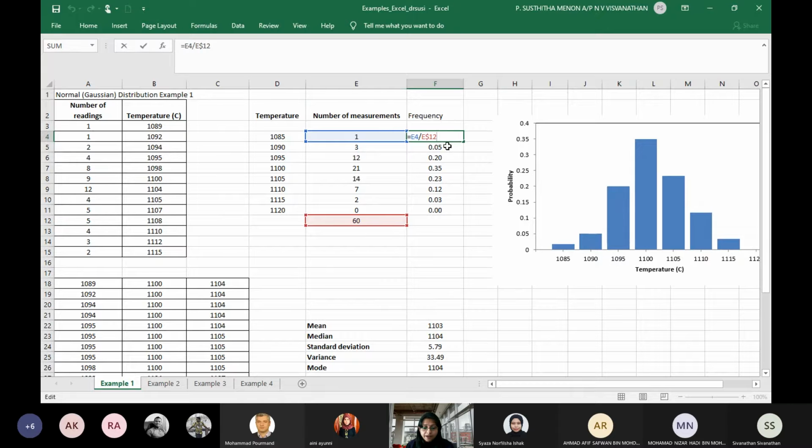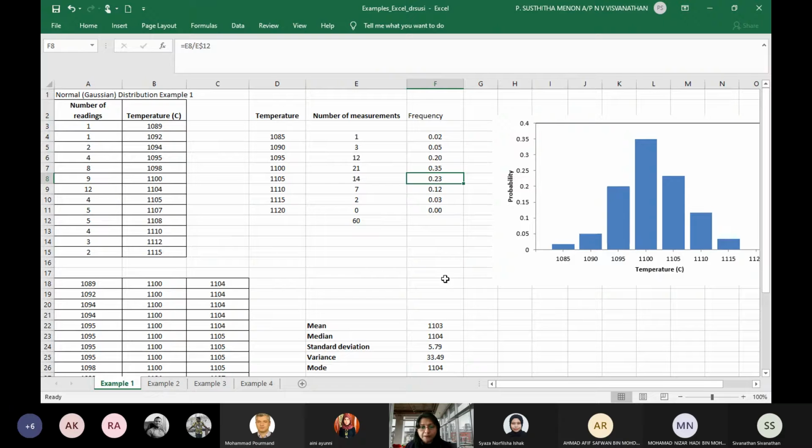Then 3 divided by 60, 12 divided by 60, 21 divided by 60, and so forth. So you get the normalized frequency. This is also the probability. The question was, what is the probability that the temperature measured will fall into this bin over here? The answer is 0.2. That is the probability.